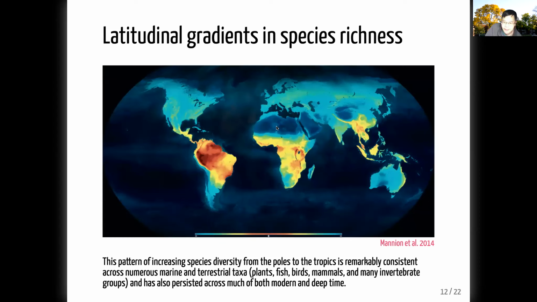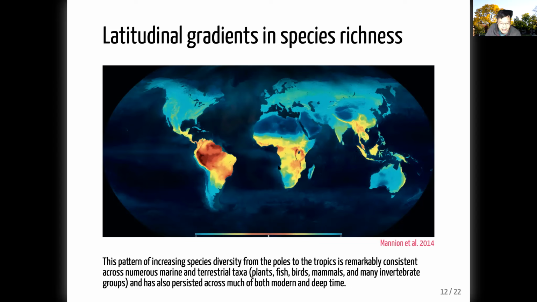Now the pattern is quite clear: in tropic areas, this is the Amazon or Andes area, this is the rainforest in Africa, and this is the Southeast Asian area, we can see the colors are much warmer than in the polar areas, which means we have more species in the tropics.